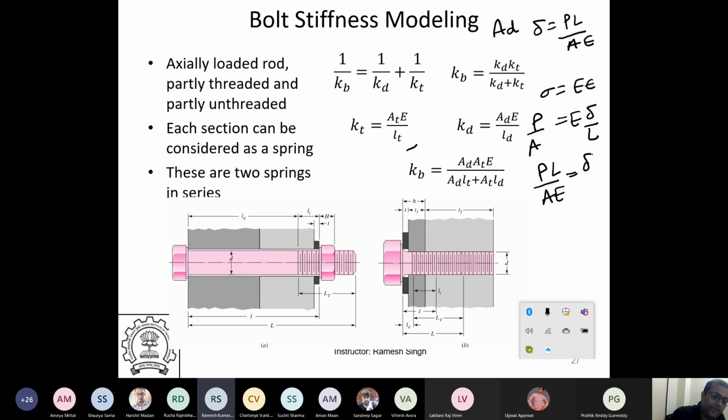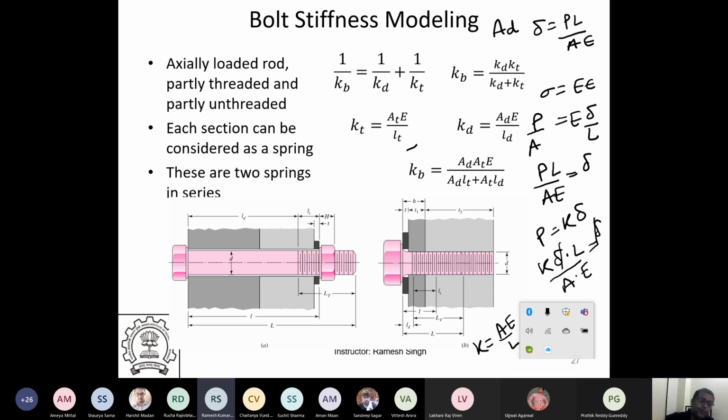Now, if I have to find the stiffness, P is equal to K delta. So I can put P as K delta, times L, divided by A times E, is equal to delta. Delta gets cancelled, and stiffness K will be AE over L.